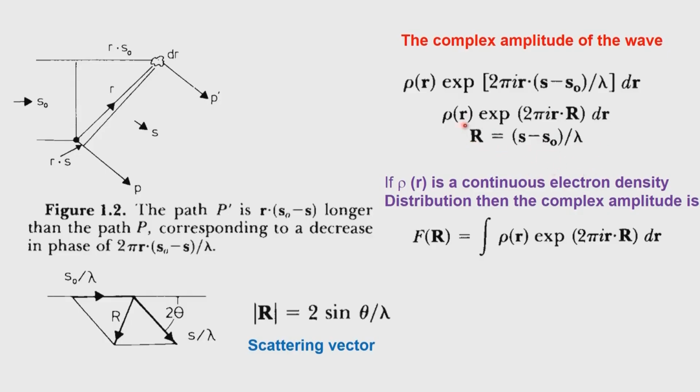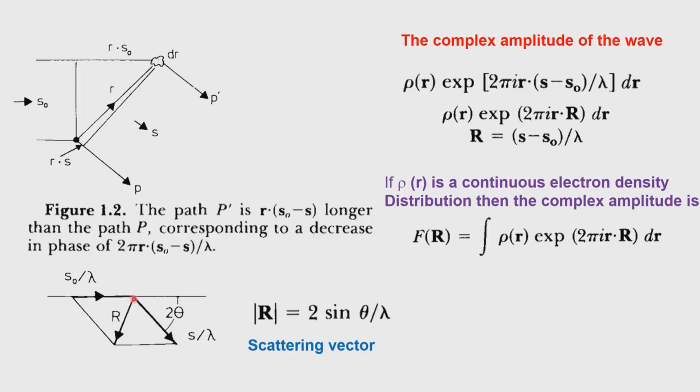I am going to do this again one more round, so that there is no confusion in the understanding of this phenomenon. This is the basic phenomenon of scattering. This quantity R can also be seen if you do a construction of this kind shown below. S naught by lambda is the incoming radiation, S by lambda defines the scattered radiation direction, and the scattering is due to the presence of the electron density which is rho of r d of r.